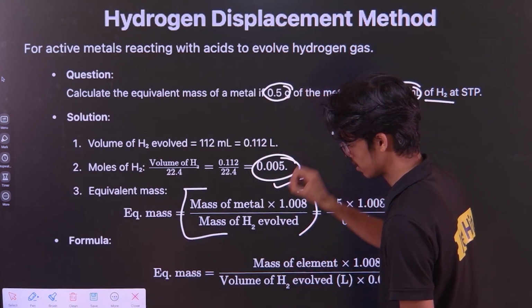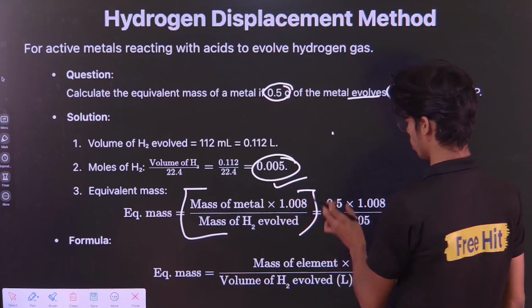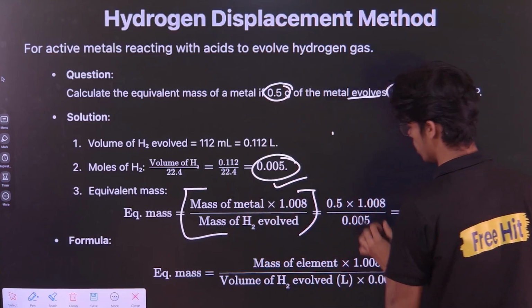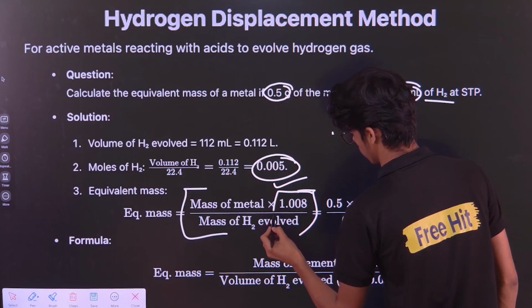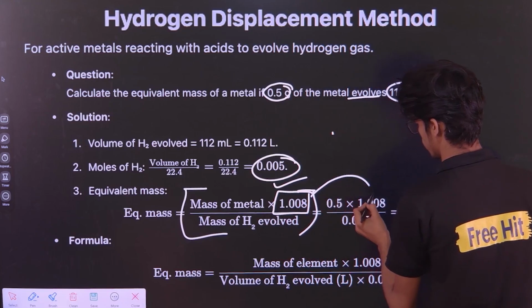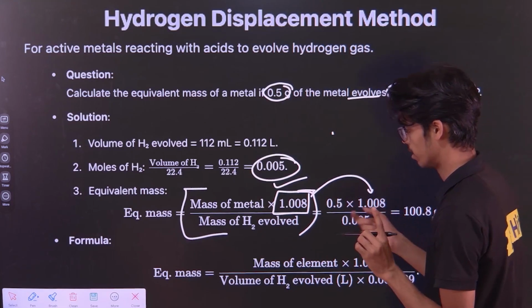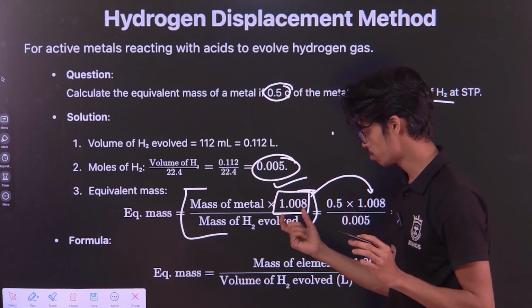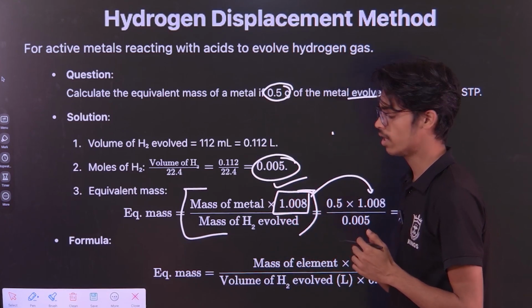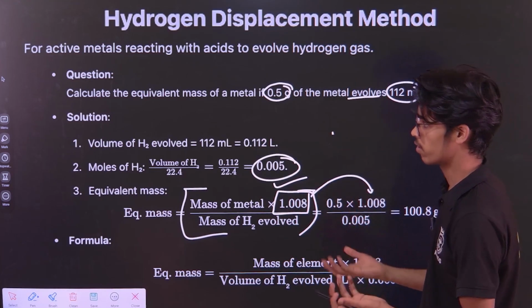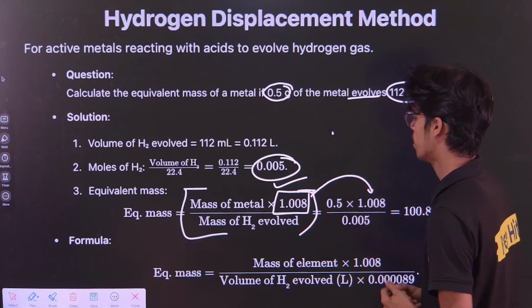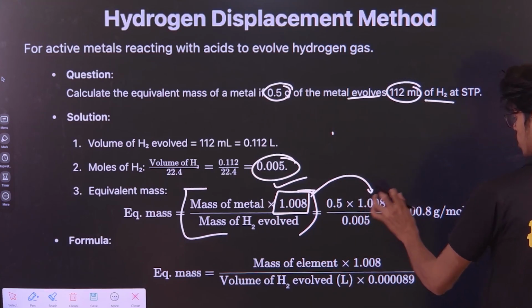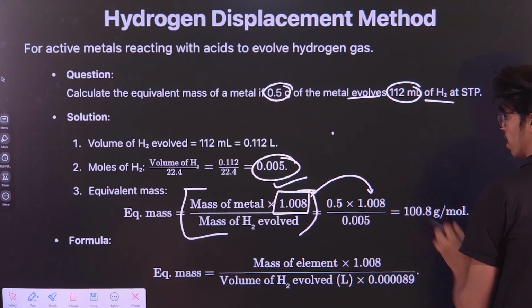This type of question, these are the formulas. So what is the mass of metal? 0.5. Mass of hydrogen evolved 0.01, and here 1.008 is the equivalent mass of hydrogen. Remember this number, only this number is going to change for different questions. In case of hydrogen this number is actually 1.008, that atom's equivalent mass, got it.